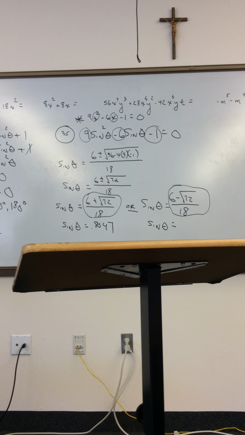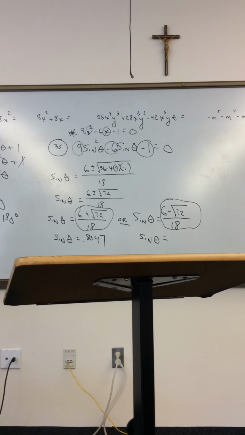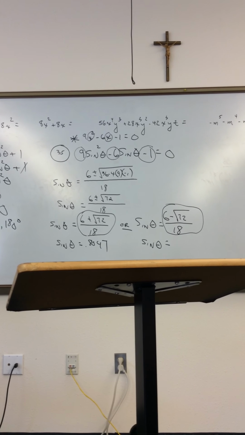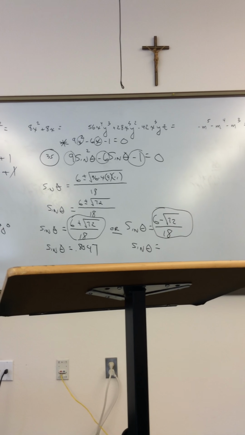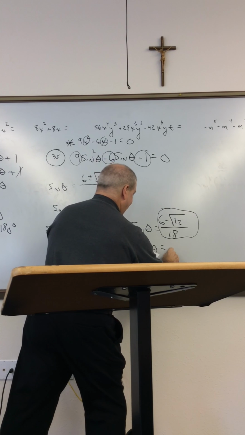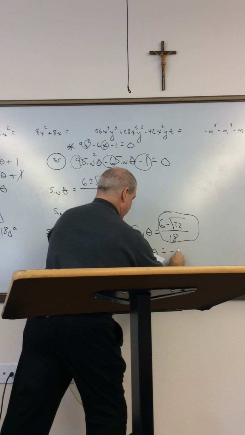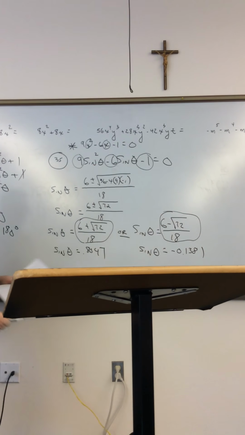Joe? Negative 0.1381 if you round up. Anything that's 5 or higher goes up. That's why everyone should have identical answers. Negative 0.1381.